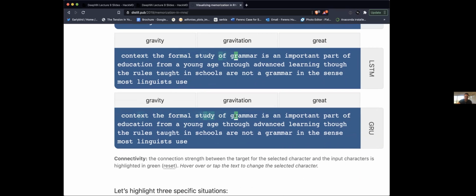Because the word study appeared before, this GRU network predicts words that make more sense in this context, something like gravity or gravitation. And the second time grammar appears, something interesting happens in the GRU network.